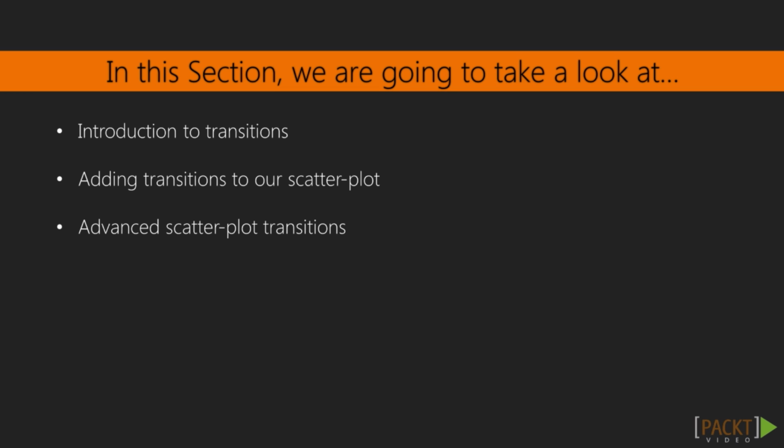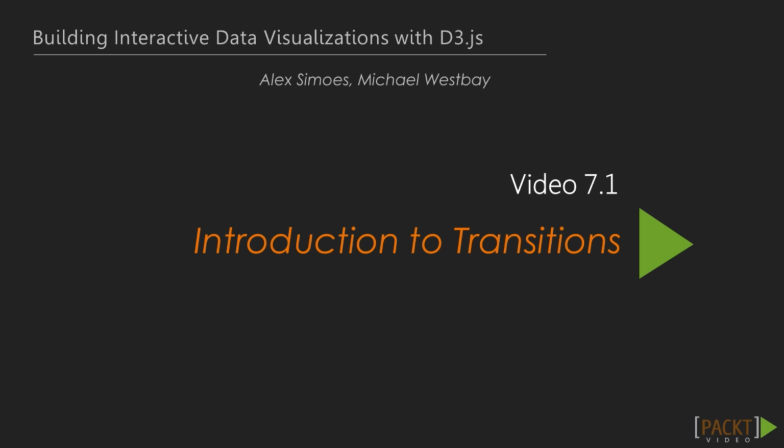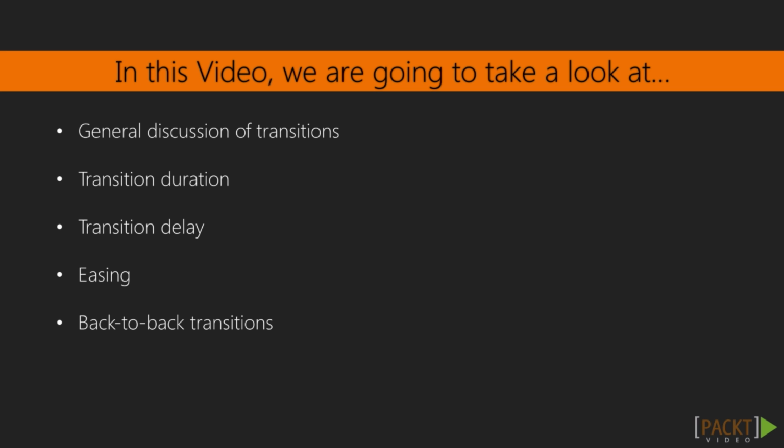In this first video, we'll start slowly by just covering the basics of creating transitions and tweaking different parameters to explore the subject. Once we've mastered the basics, we'll incorporate what we've learned into our previous scatterplot visualization to round out this section. For today's game plan, we're going to look at how to change a transition using duration, delay, and ease.